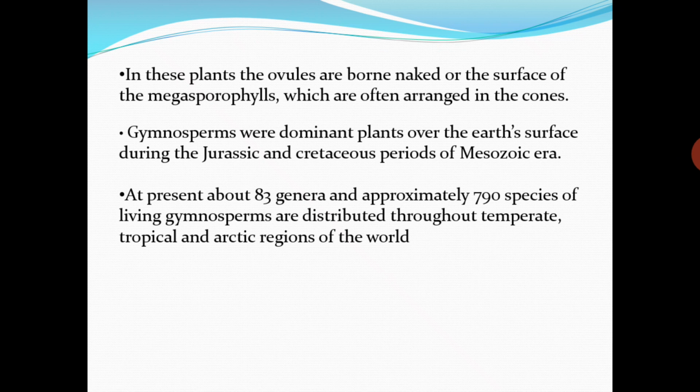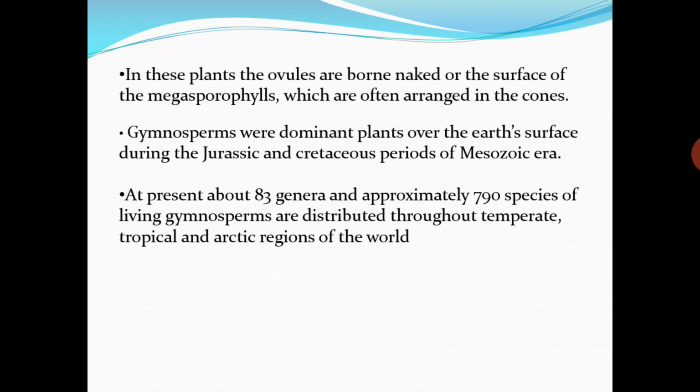Gymnosperms were dominant plants over the earth's surface during the Jurassic and Cretaceous periods of the Mesozoic era. In the Jurassic period, the gymnosperms were present and dominant.